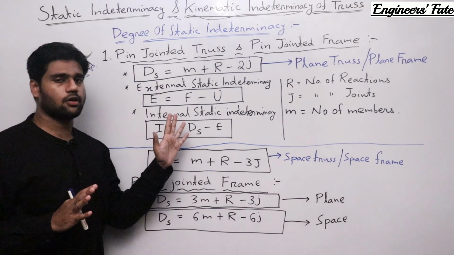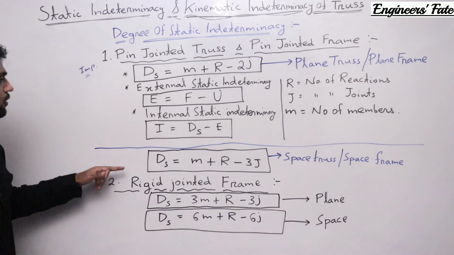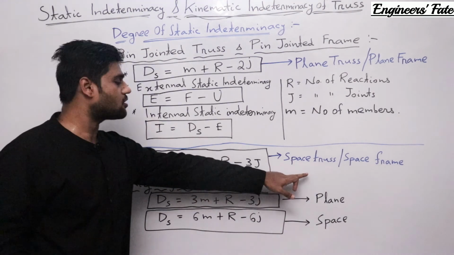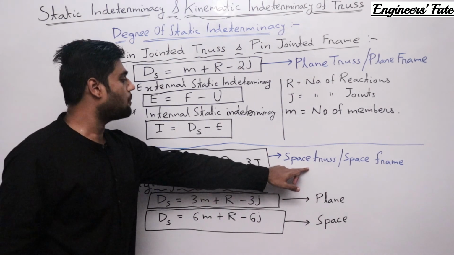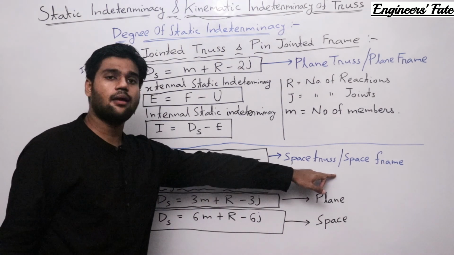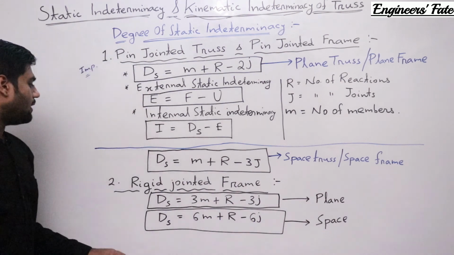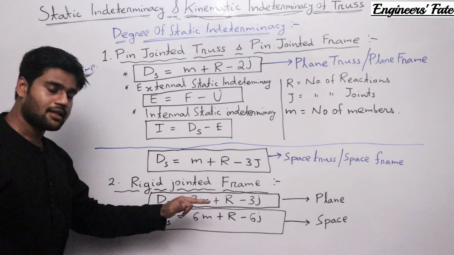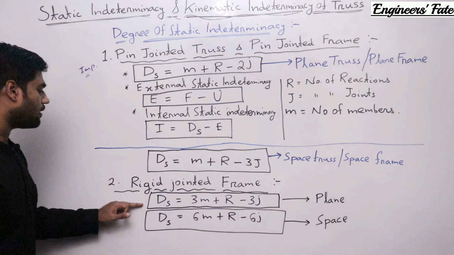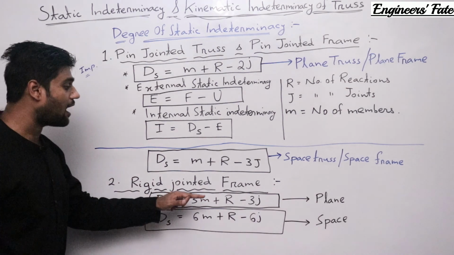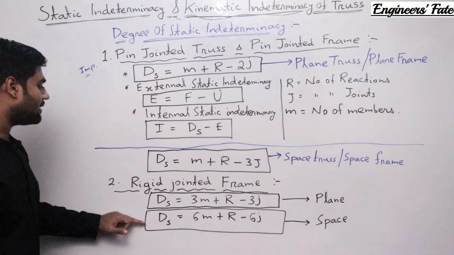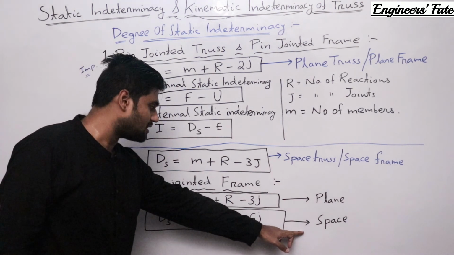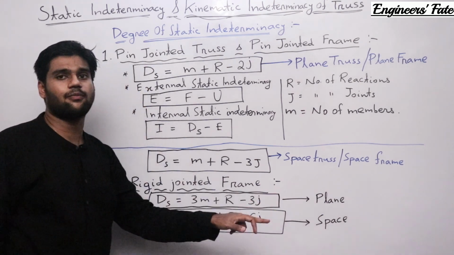Assume this condition only. Next, ds equals m plus r minus 3j if the question mentions that it's a space truss or space frame. And let's find ds for a rigid jointed frame: ds equals 3m plus r minus 3j for plane, and ds equals 6m plus r minus 6j for space.